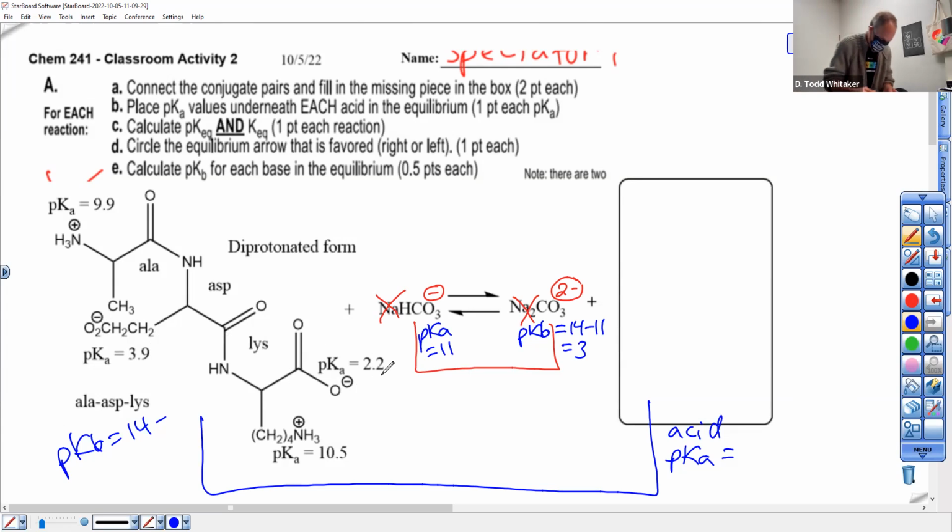So here's a reminder of what I just said. Your two choices are pKb equals 14 minus 3.9 equals 10.1, or pKb equals 14 minus 2.2 equals 11.8.